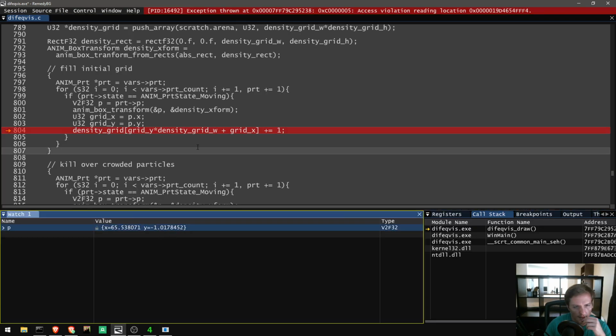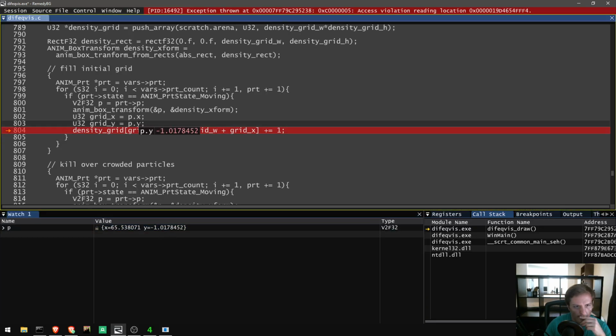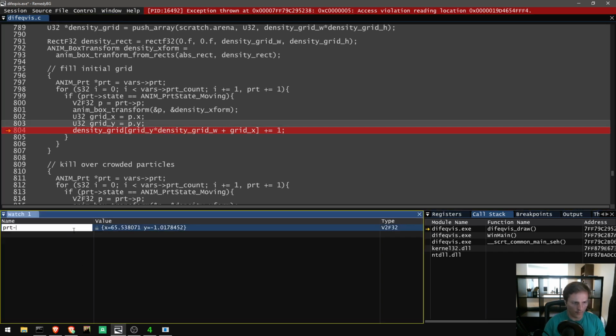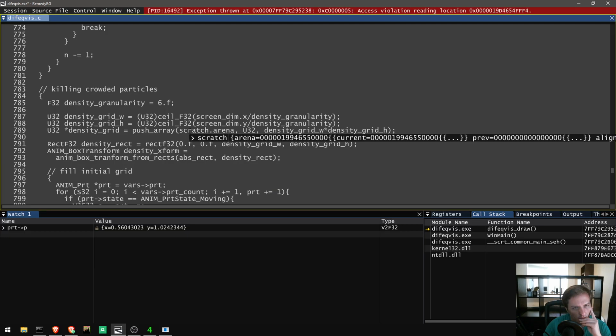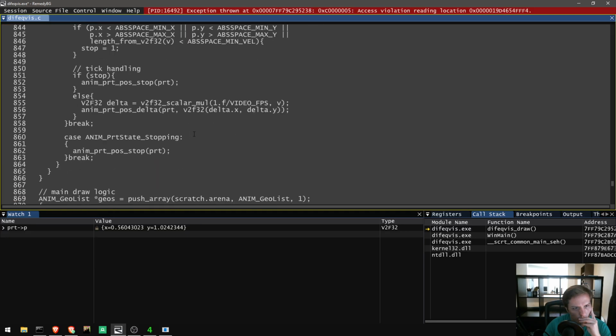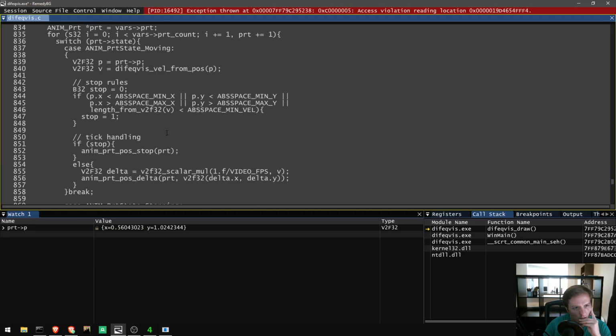So yeah, we are getting a -1 there for the p.y. So I want to see what was PRTP. That is outside of the legal range, right? That's not fair, because that's outside of the legal range. So why do I have a position? Oh, you know what? It does the kill for this based on the old position, and then it does a delta.